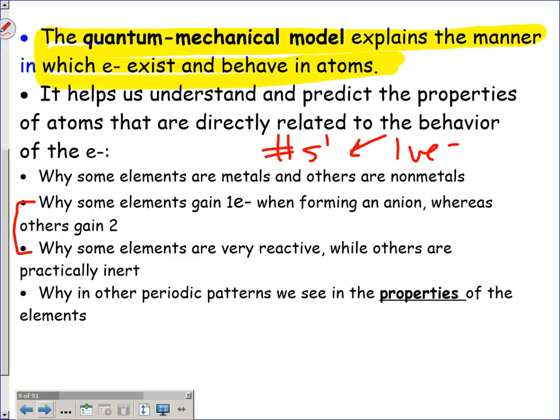Gain 3, not lose 5, because you're going to go the shortest distance. And that's why everything on the left of carbon will do what with their electrons? Lose, because they have 1, 2, or 3 valence electrons. Everything on the right of carbon will gain electrons because it's too much effort to lose 5 or more. Instead, they just gain the extra electrons they need.